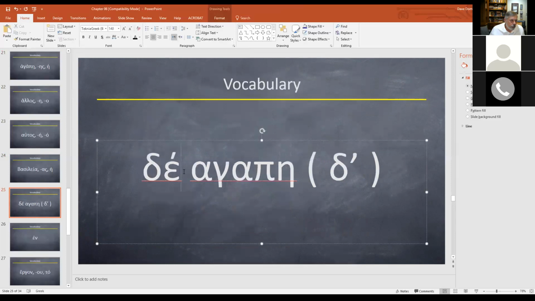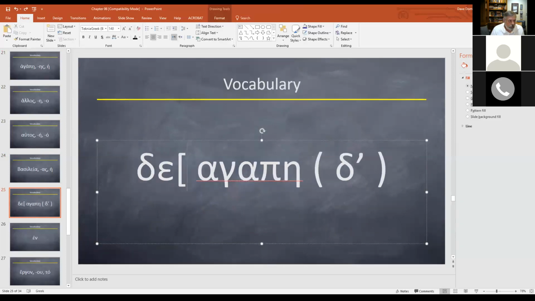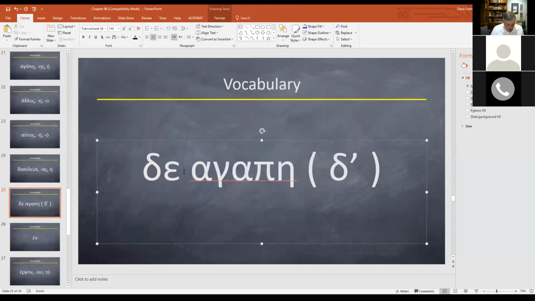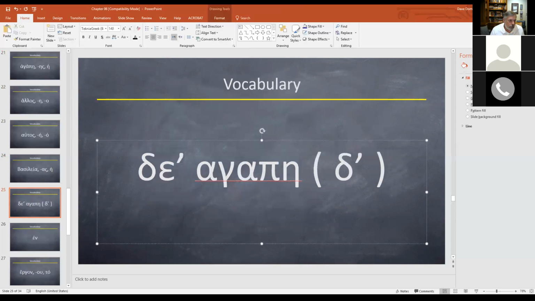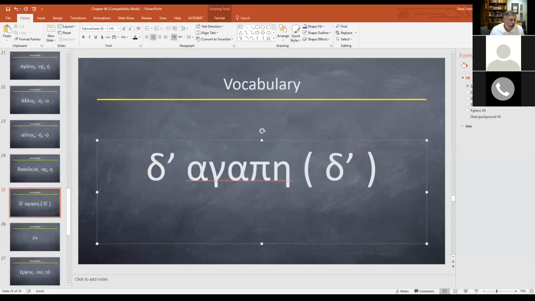You'd write it de with the apostrophe. I can't do the apostrophe in Greek. It'd be de agape. That's how it would be written because there's a vowel here. That's all that is.